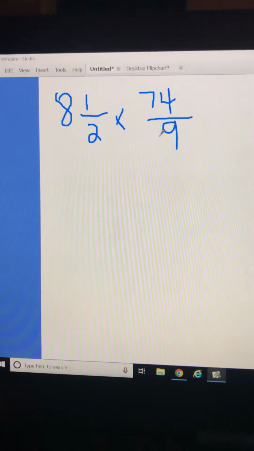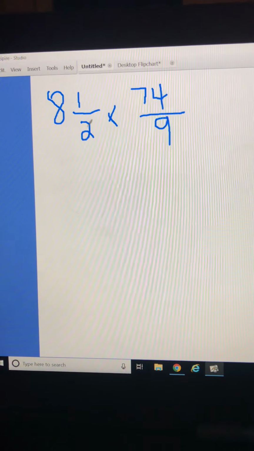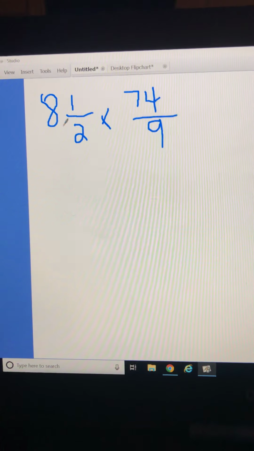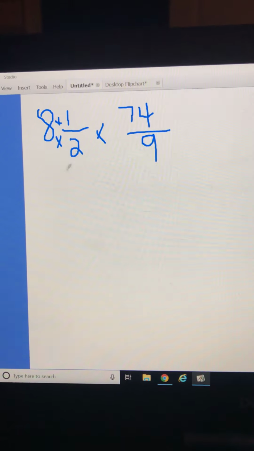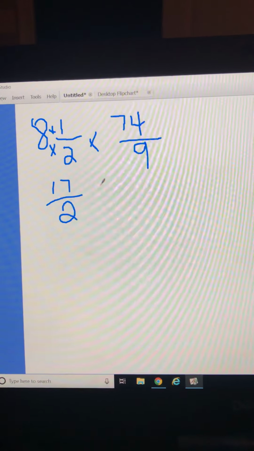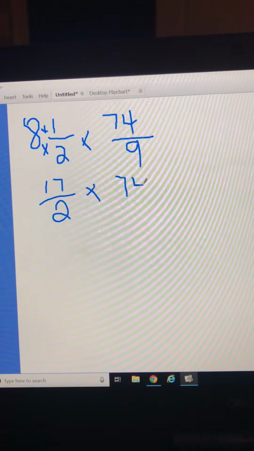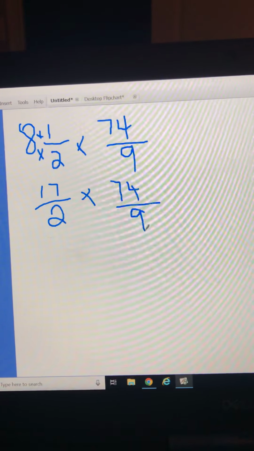So I'm going to turn this into an improper fraction. I know that 8 times 2 is 16, plus 1 is 17. So now I have 17 out of 2 times 74 over 9.